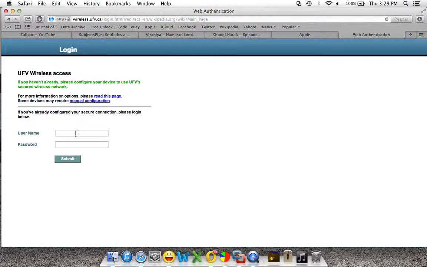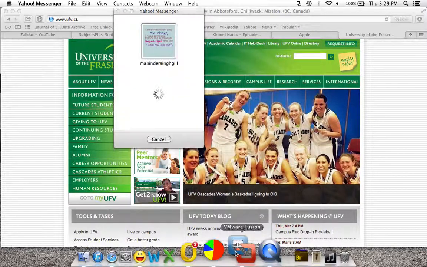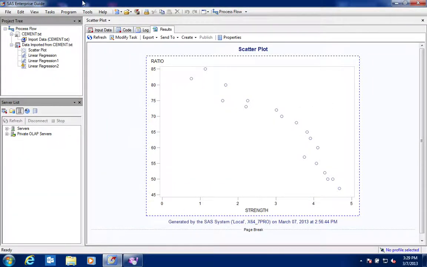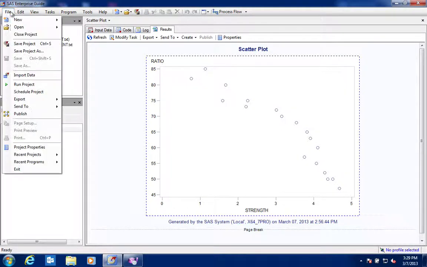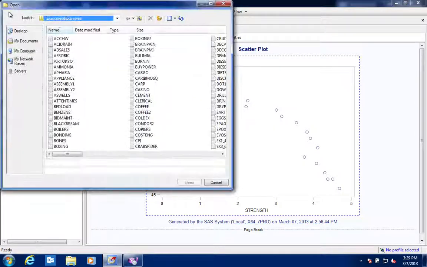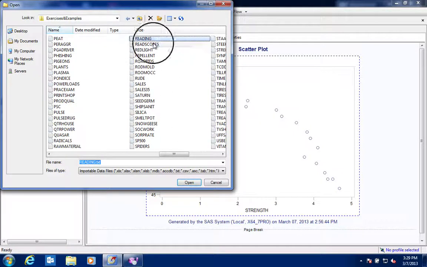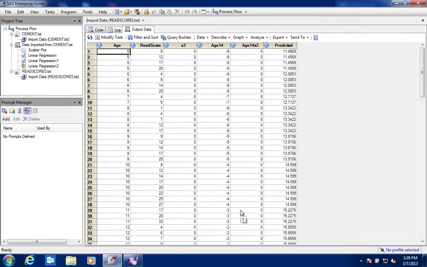But first of all, we look into this scatter plot. So this is the scatter plot.